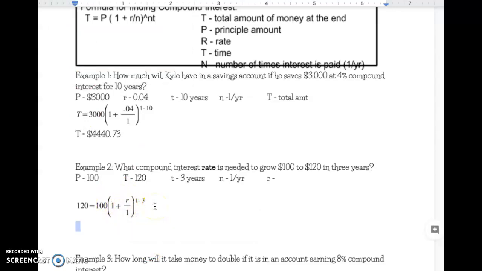Inside the parentheses, I'm going to have 1 plus r, because r divided by 1 is just r. So 1 plus r in parentheses, and it's going to be raised to the third, because I can simplify this. Now I want to get that 100 away, so I'm going to divide both sides by 100 in order to get the parentheses by themselves.